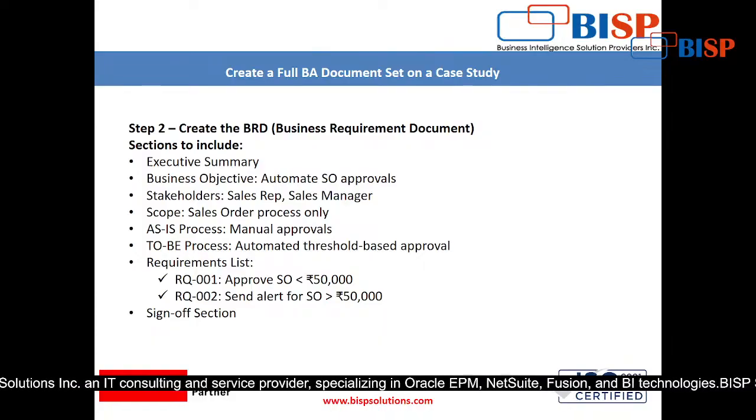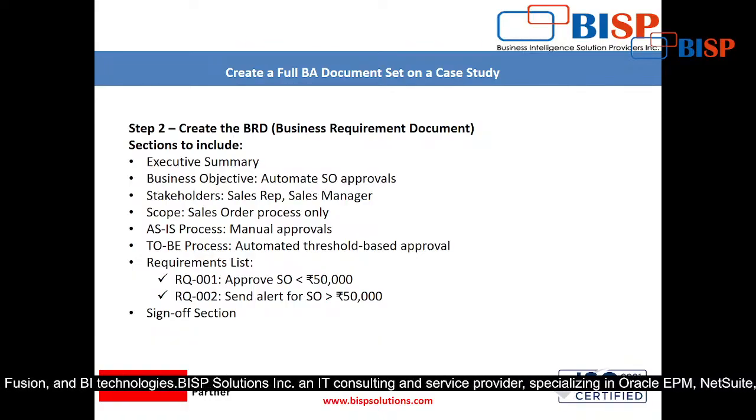Then second is business objective. Business objective means exactly what they want, right? Automate sales order approval. Now these are the main key points I have written. First of all, executive summary. Then you write about the company, then the business objective, automate sales approvals.